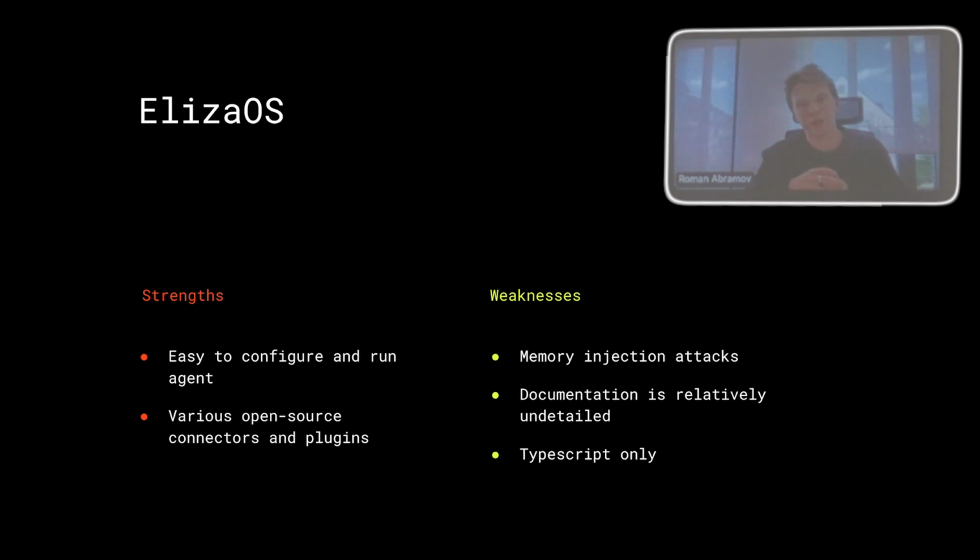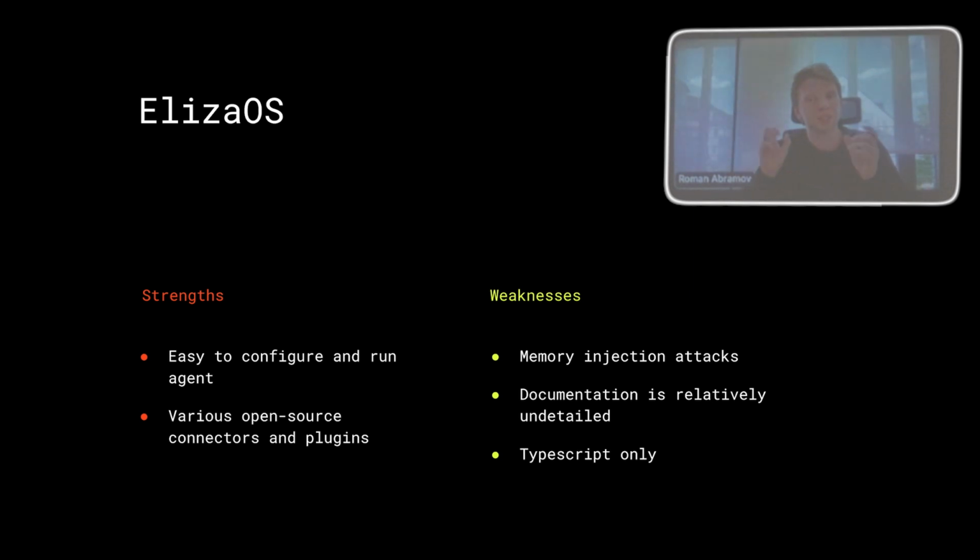It also provides various open source connectors and plugins, and it has connectors to Twitter, Slack, Telegram from scratch. If you need to connect it to Bittrex for some reason, you might even implement it yourself and try to publish it, and it would work.